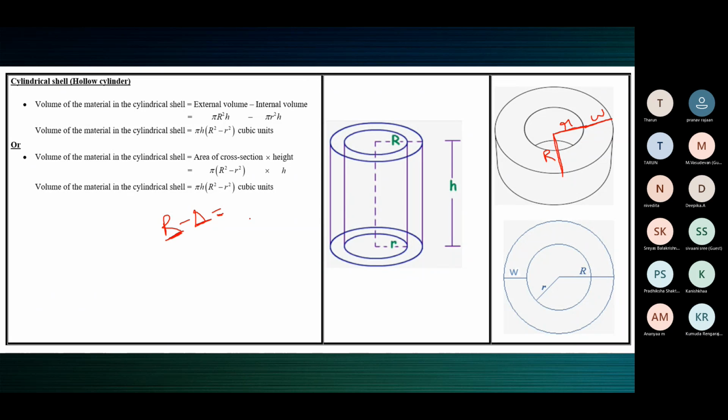Ma'am, 0. Oh, that means you're saying both the radii will be the same. The outer radius and the inner radius will be the same. No, ma'am, then it will be. The value of A minus B. No, use the letters. The letters are there. R and W. R minus r. Is it 1, 0? What is it? Half of R, ma'am. No.